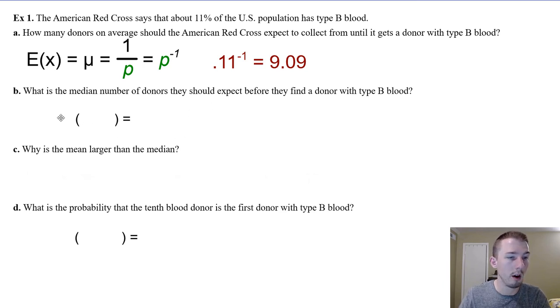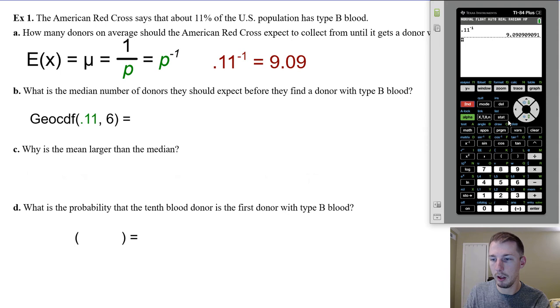All right, what's the median number? Okay, so you can also just put the geometric CDF for 6 in the calculator. That's how I actually originally did it, and then just start plugging in values until you find the one you're looking for. So under distributions, we're going to do the geometric CDF.